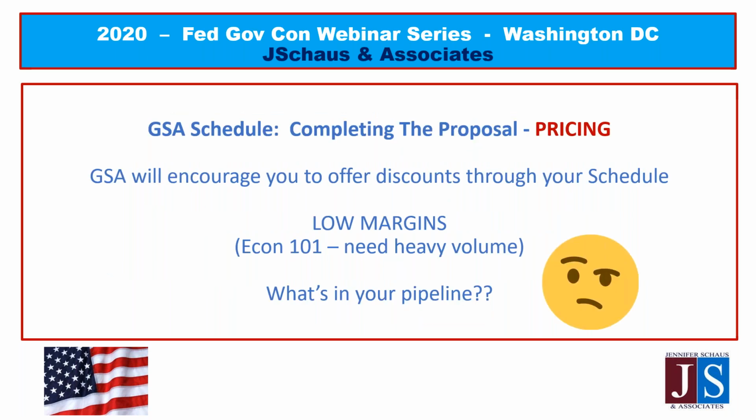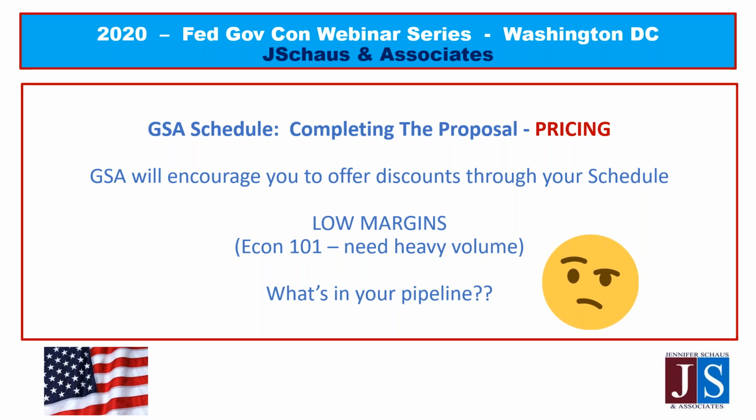So once you're actually on the schedule, GSA will encourage you to offer discounted rates. So if you've got a widget that you're selling for $100, or you've got a labor category of a project manager at $100 per hour, once you're on the schedule, you're probably going to start bidding for GSA contracts at perhaps $95 for the widget, regardless of volume or quantity discounts, or $95 for that labor category.